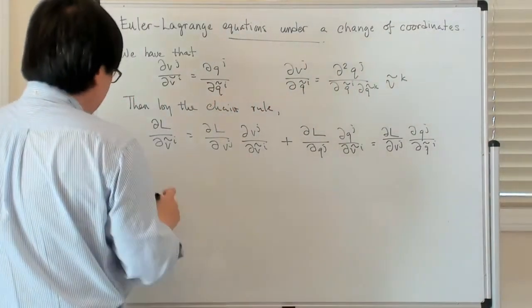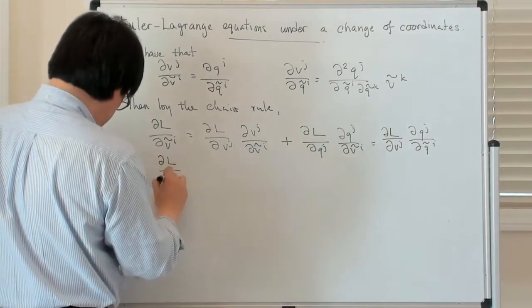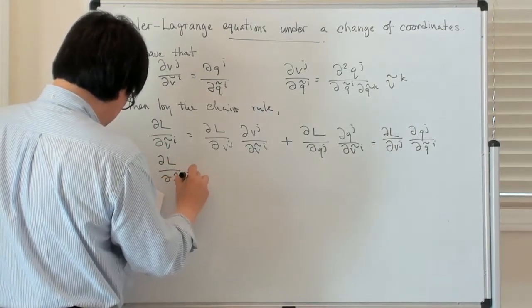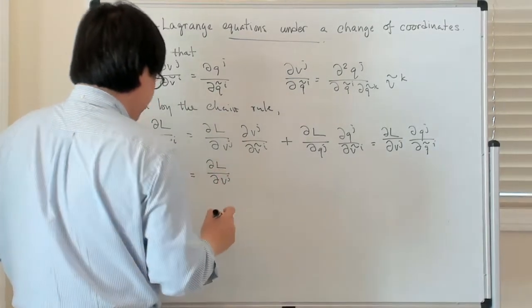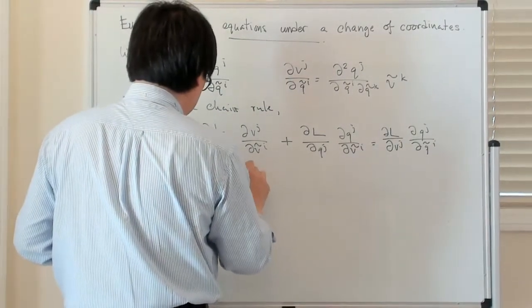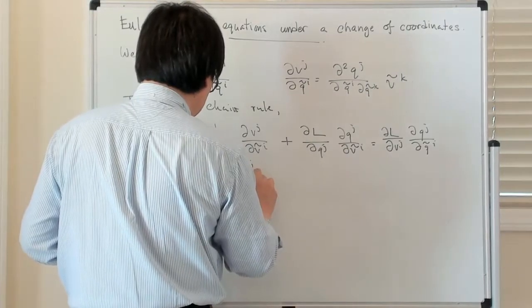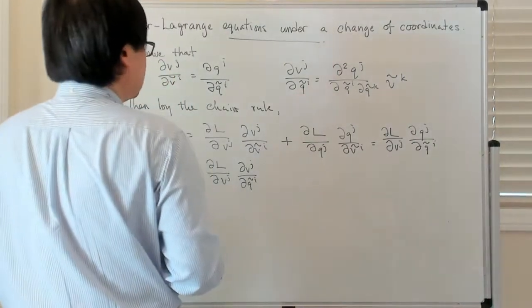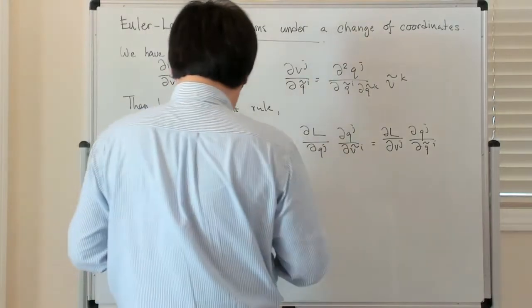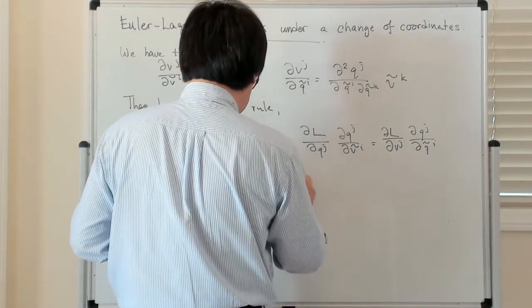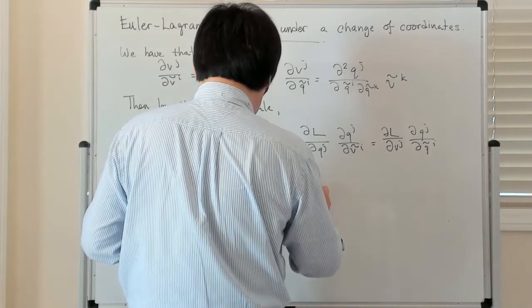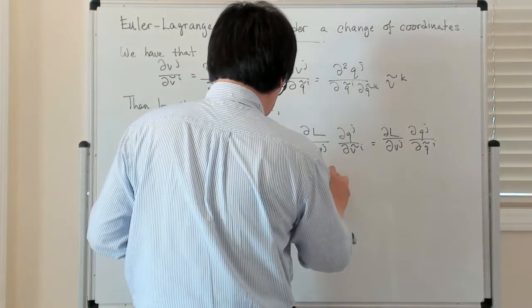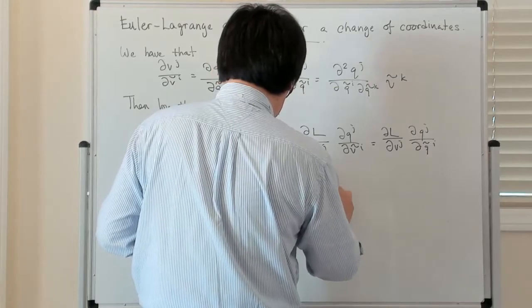Okay, and then ∂L/∂q̃_i is equal to ∂L/∂v_j ∂v_j/∂q̃_i plus ∂L/∂q_j ∂q_j/∂q̃_i.